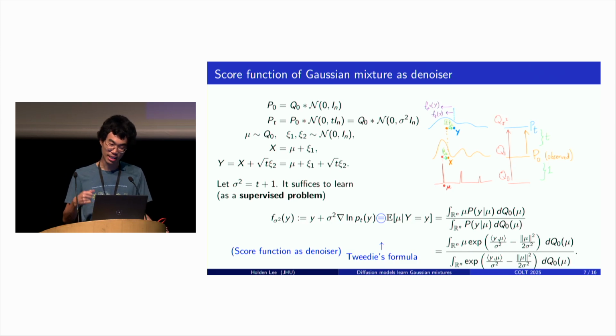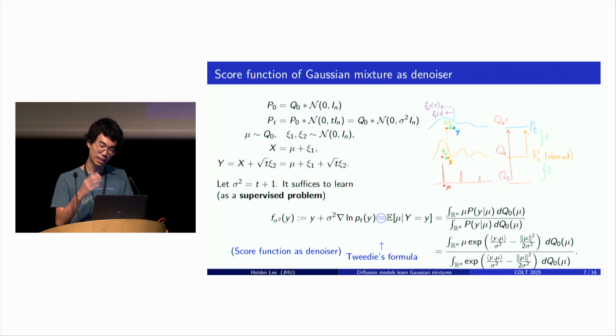The score function has this nice interpretation where if we take our noisy point y and move in the direction of the score function, then by Tweedie's formula, this gives us a denoising effect. It gives us the posterior expectation of the mean mu that it came from, conditioned on this noisy observation y. And if we know the parameters, we can write this out explicitly.